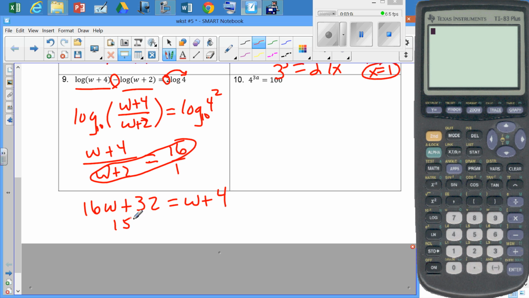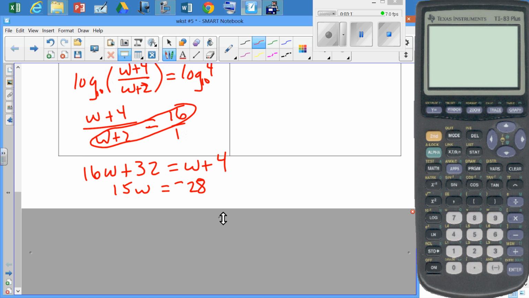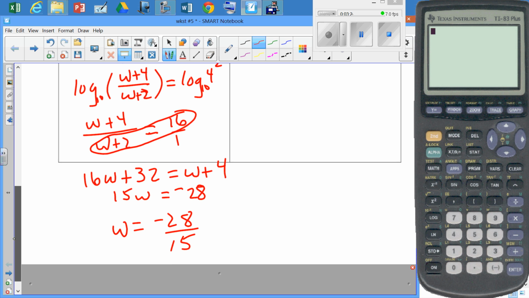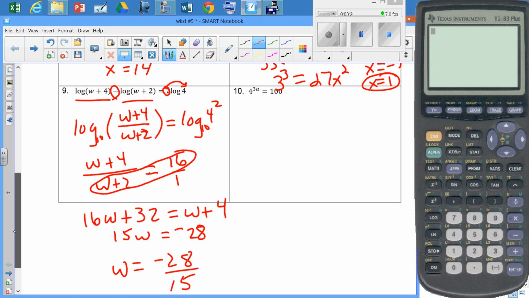Solve this. I have 15w equals negative, that would be what, negative 28. Keep going with this. And we end up with w equals negative 28 over 15. Well, that's close to negative 2.